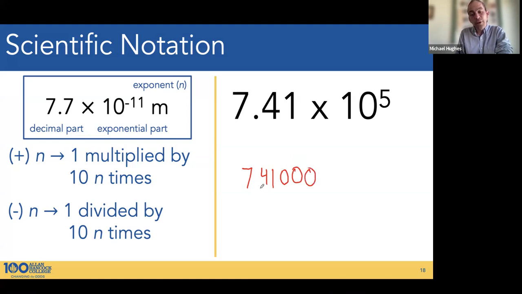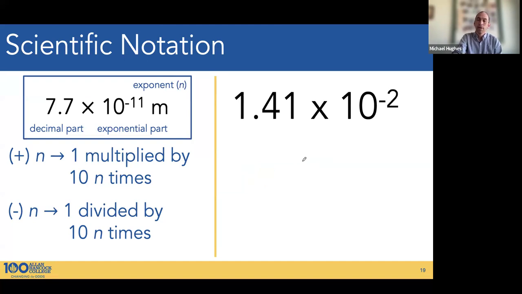So we'll start here and go 1, 2, 3, 4, 5. And so we have 741,000, which is 7.41 times 10 to the 5th.